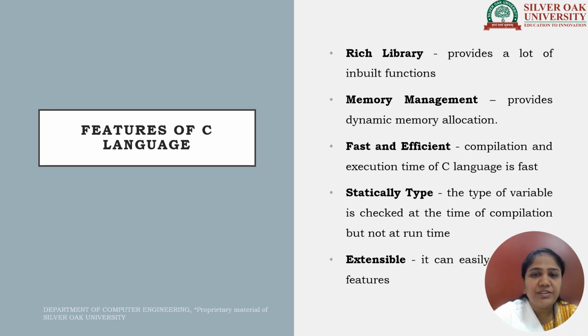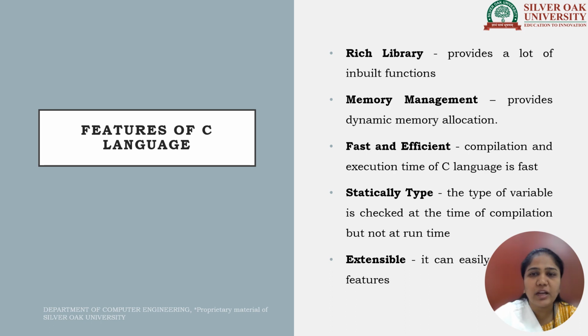It is fast and efficient. The compilation and execution time of the C language is fast. That means the program that we write in C can generate its output within seconds, within a very small amount of time. So why are these two words, compilation and execution, there?